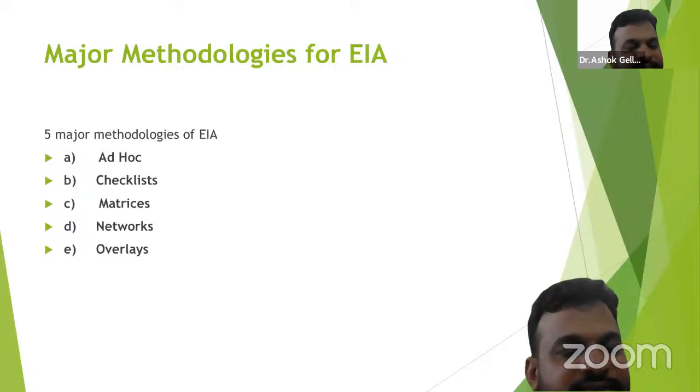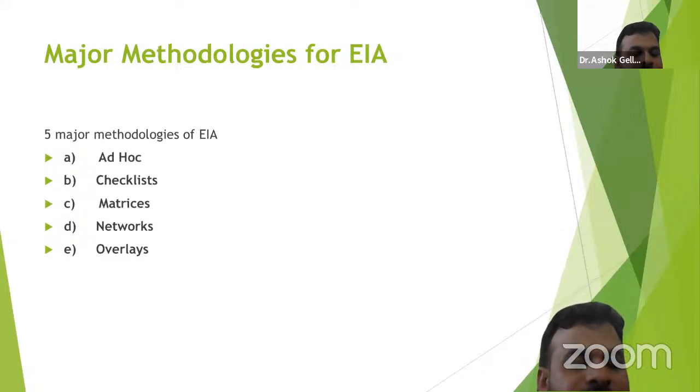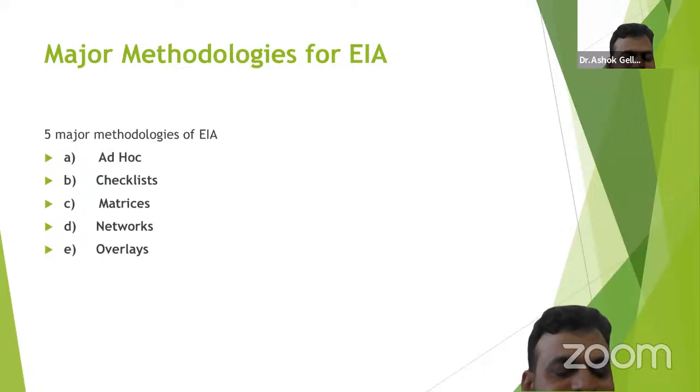The next one is the checklist method. It is a standard method: a standard checklist of the types of potential environmental impacts considered in EIA.